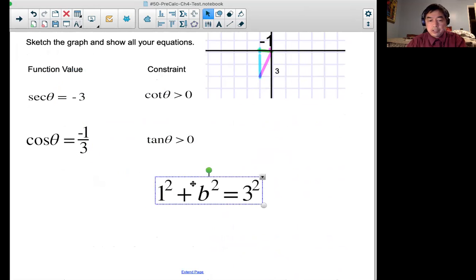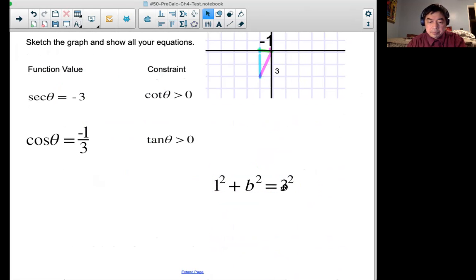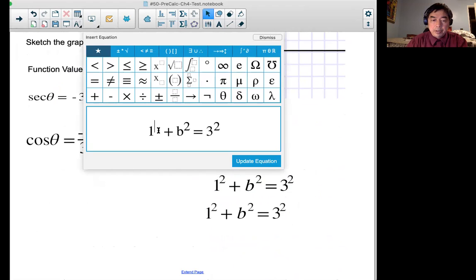Okay, so this is 1, this is 9, right? So it's going to be 1 here. We're just doing the Pythagorean theorem, so 3 times 3 is 9. All right, subtract 1 from both sides.